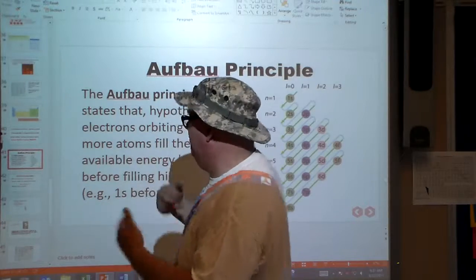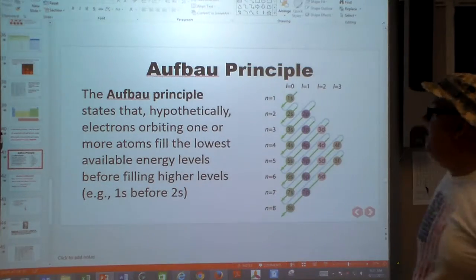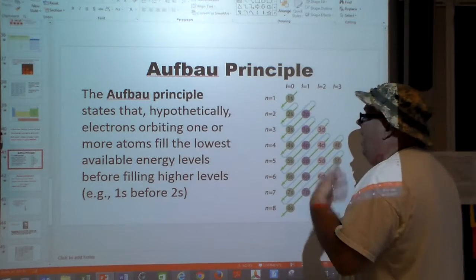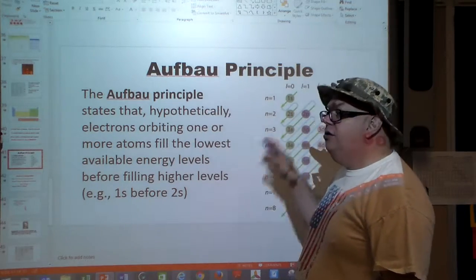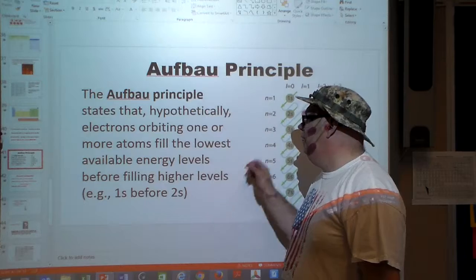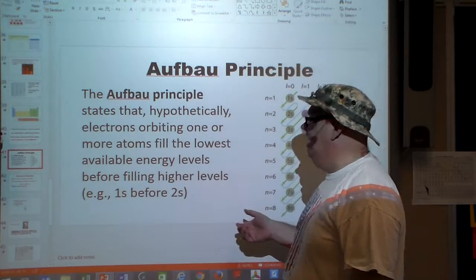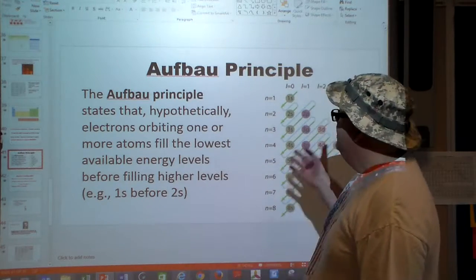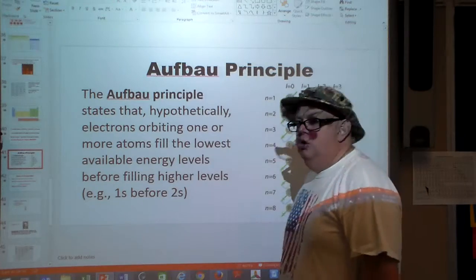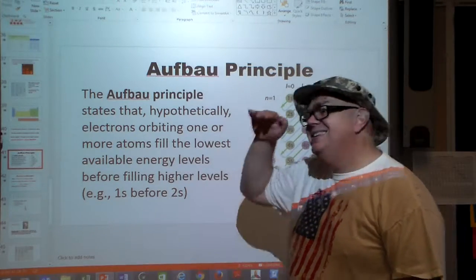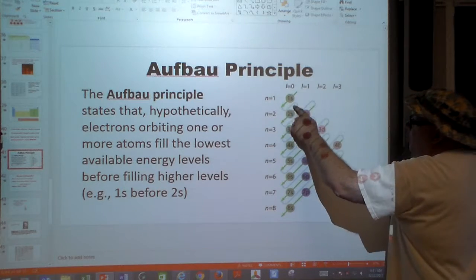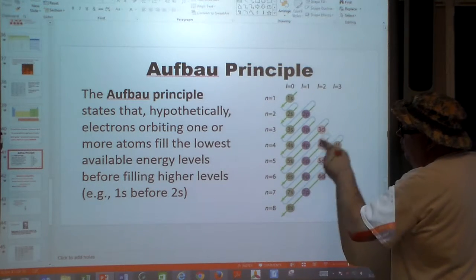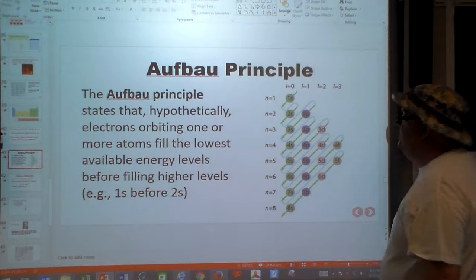We also got to talk about the Aufbau principle. So here's the idea. In Aufbau, hypothetically, electrons that orbit one or more atoms fill the lowest available energy levels before filling up the higher levels. Okay, that's just the way it is. You're going to go for the easiest thing to fill up first, which is why, ladies and gentlemen, we have a certain order in which these electrons are filling.